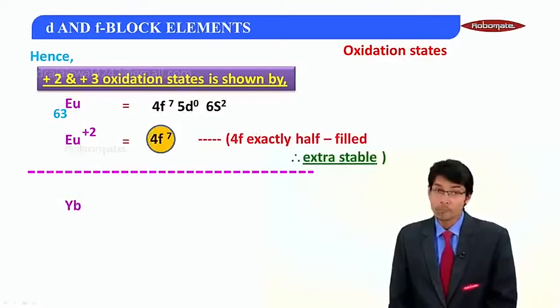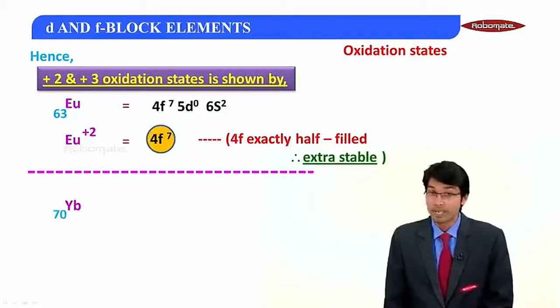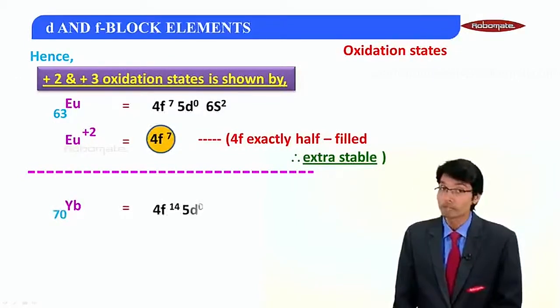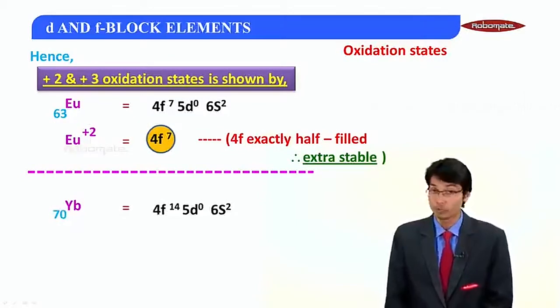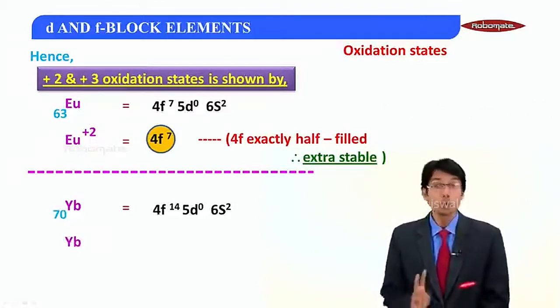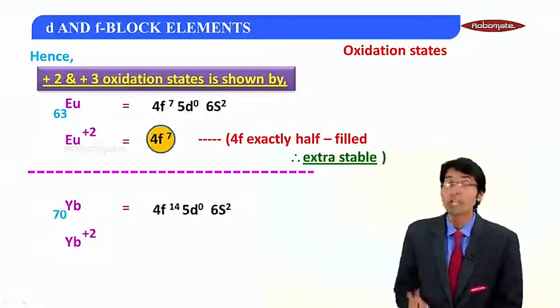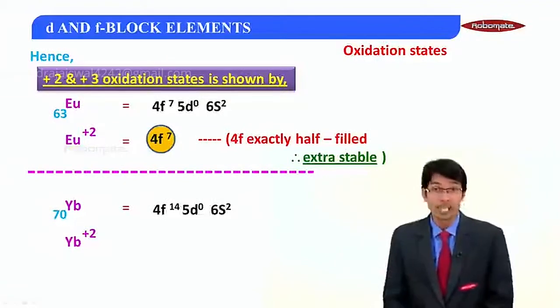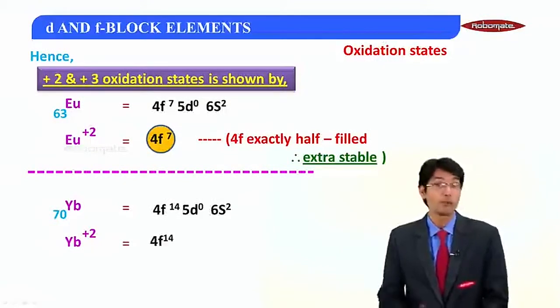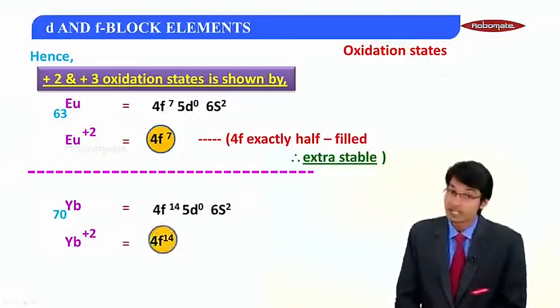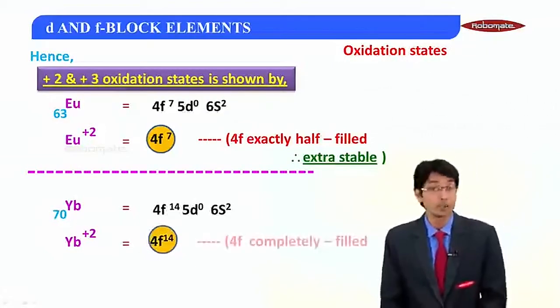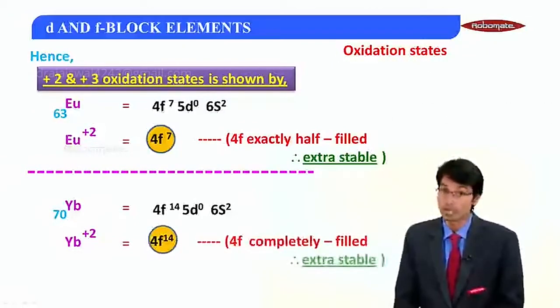The second element is ytterbium, which is 70, with configuration 4f14 5d0 6s2. Now ytterbium 2+ means loss of 2 electrons from the 6s orbital, and that's why ytterbium 2+ will have 4f14. Again, there is stability of this ion, due to the completely filled orbital.